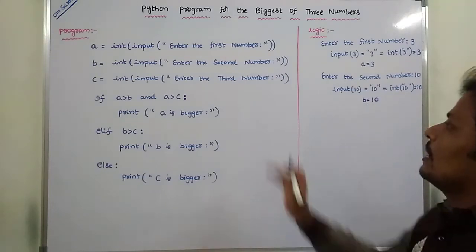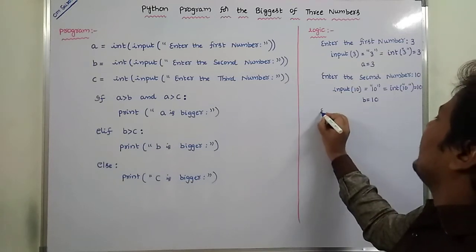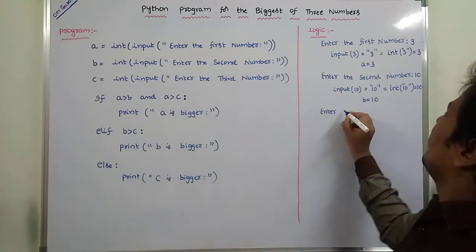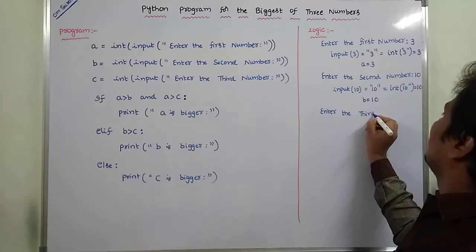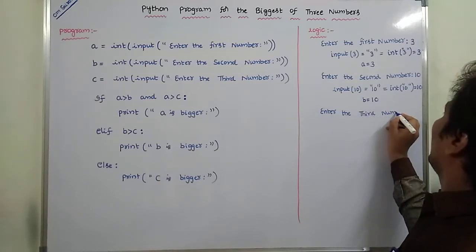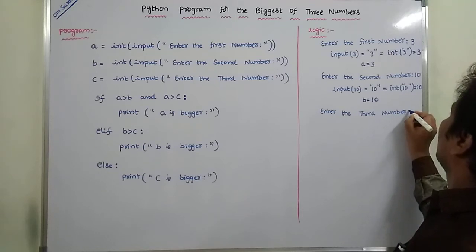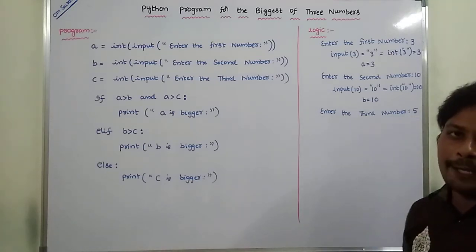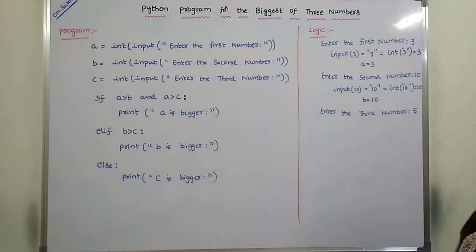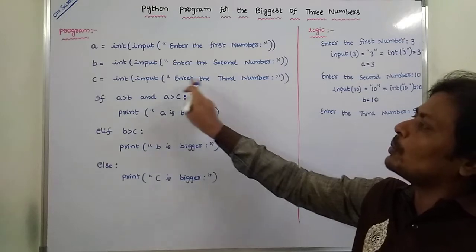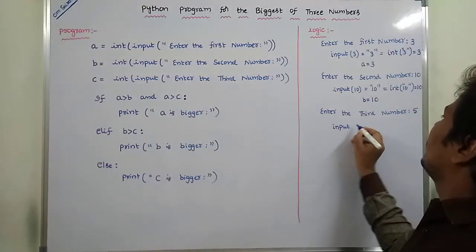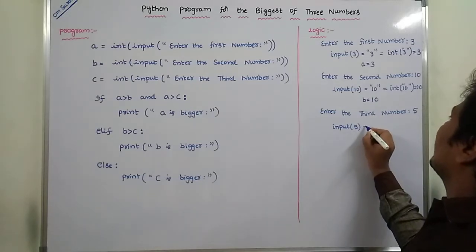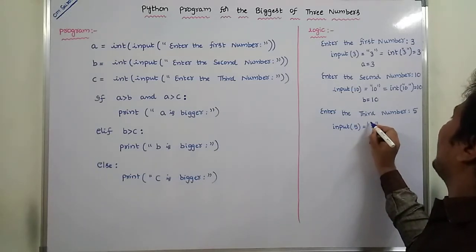Next, go to the third step. Enter the third number. The third number is 5. This 5 is entered by the user from the keyboard and taken by the input function. Input of 5 returns the string "5".